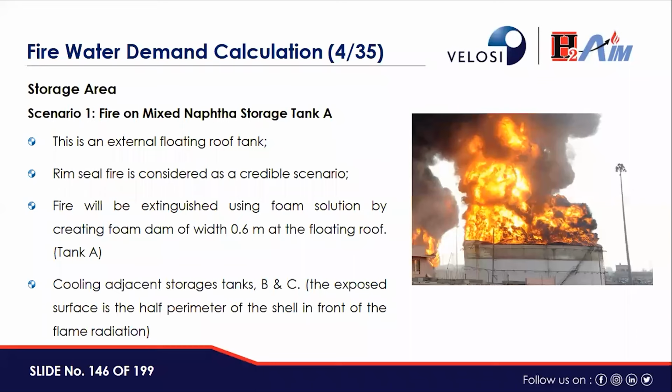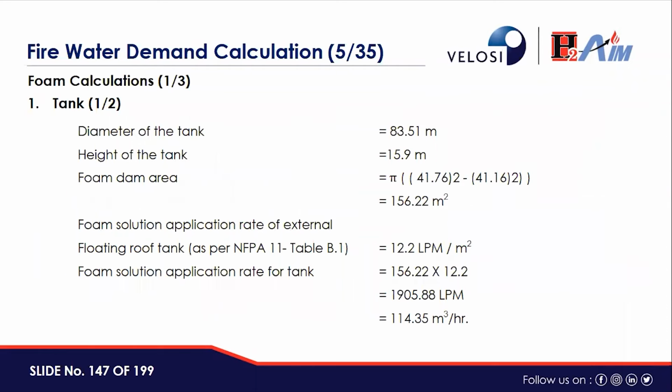Scenario 1, which is the fire on mixed naphtha storage tank A, is an external floating roof tank. Rim seal fire is considered as a credible scenario. The fire will be extinguished using foam solution by creating a foam dam of width 0.6 meters at the floating roof, with cooling of adjacent storage tanks A, B and C. The exposed surface is half the perimeter of the shell in front of the flame radiation.